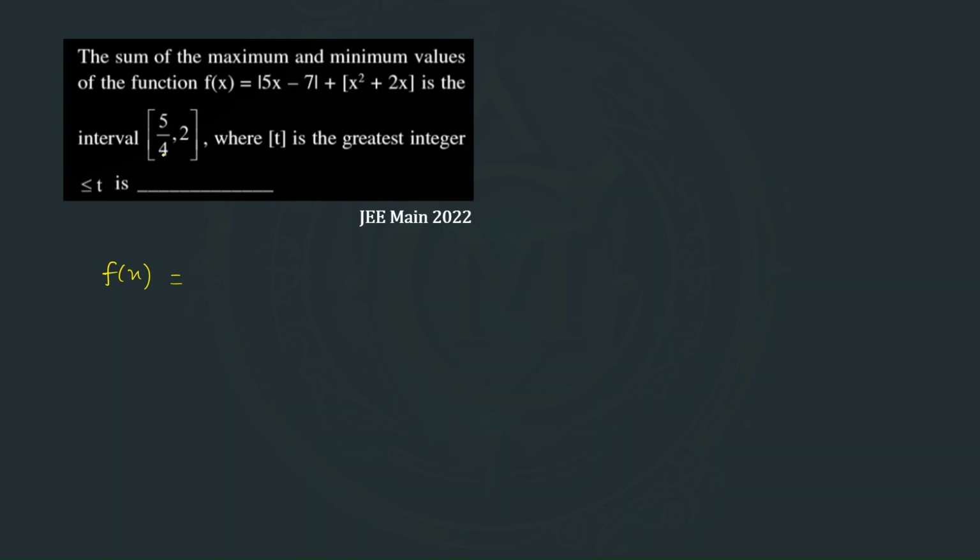So the point x equal to 7 by 5 lies in this given interval. So we can break this function in two parts first, which is 7 minus 5x plus this greatest integer x square plus 2x when x belongs to 5 by 4 to 7 by 5.